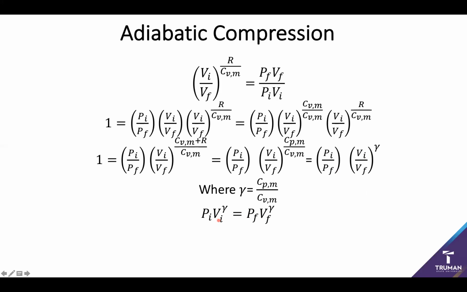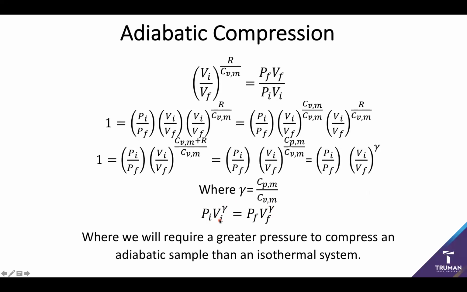Because if I had a strictly isochoric compression, this gamma term wouldn't be present. But because our temperature is changing, this is going to essentially dampen our pressure change. And this is what we're seeing with this gamma term.